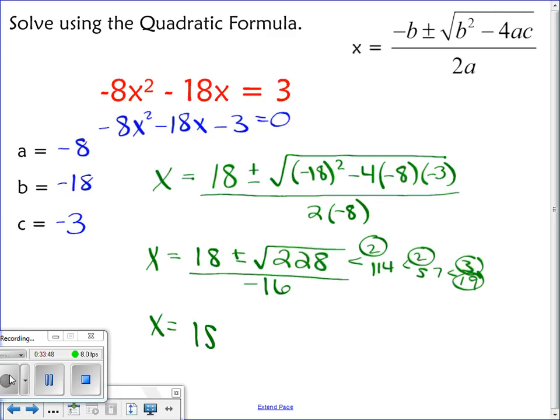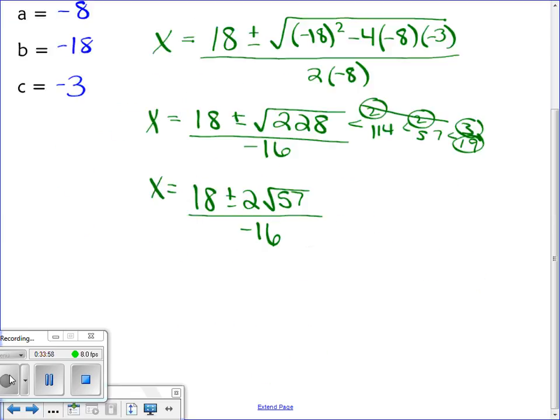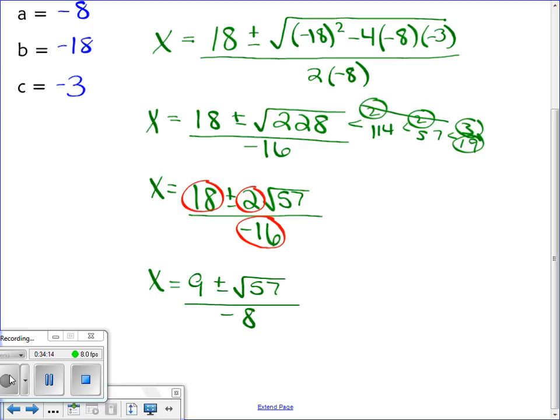So we get 18 plus or minus 2 root 57. And it looked like most of you recognized all 3 numbers can be divided by 2. So 9 plus or minus the square root of 57 all over negative 8, which most of you did just fine.